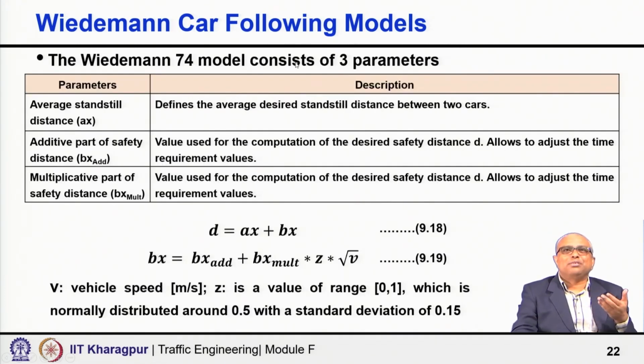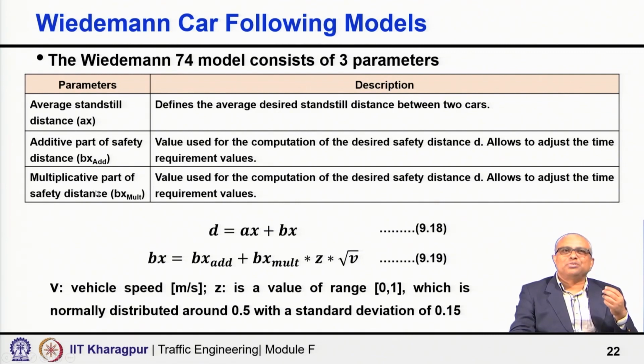So, the Wiedemann 74 model consists of 3 parameters: average standstill distance, that is the average desired standstill distance between 2 cars, minimum, and then the additive part of safety. The safety distance has 2 parts, one is the additive part, which is Bx add, and the other is the multiplicative part.